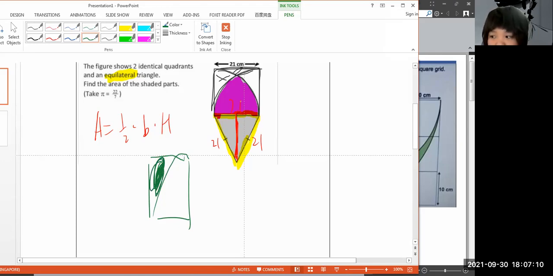So you still cannot find the answer. Missing one part. Yeah, missing this part. How do you figure out that part?